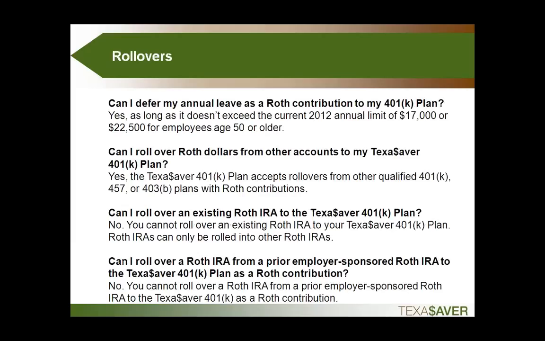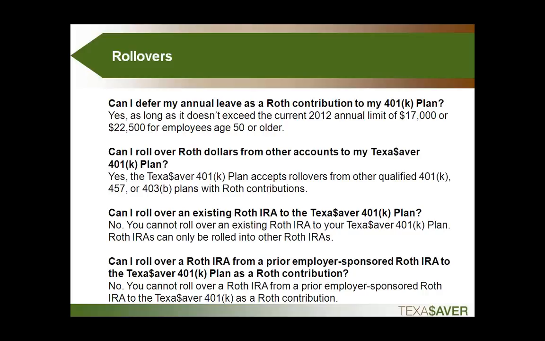Now, some of the ways that you could quickly accumulate funds within your Roth or Texas Saver before tax contributions could be on your last paycheck. You could defer some or all of your annual leave as a Roth contribution to the Texas Saver plan as long as it does not exceed the current 2012 limit. But remember, you must have held your account for 5 taxable years to retain your tax advantage.